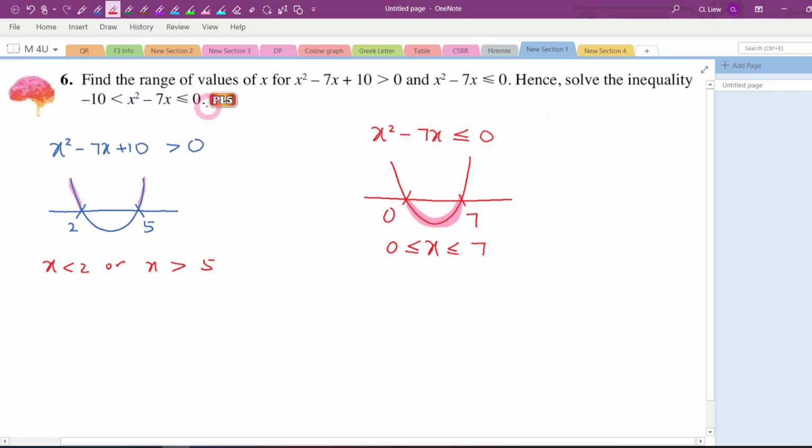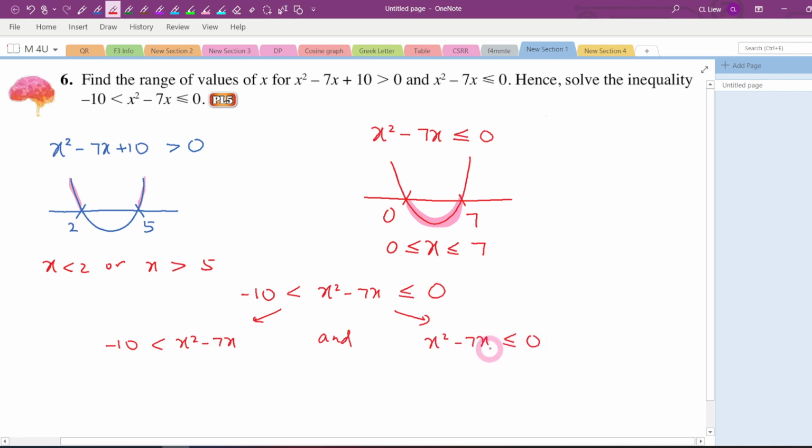Now let's solve this inequality. This is a little bit complicated, we have two sides here. Negative 10 is less than x squared minus 7x, and this whole thing is less than or equal to 0. So I'm going to break it into two parts: negative 10 less than x squared minus 7x, and x squared minus 7x less than or equal to 0.